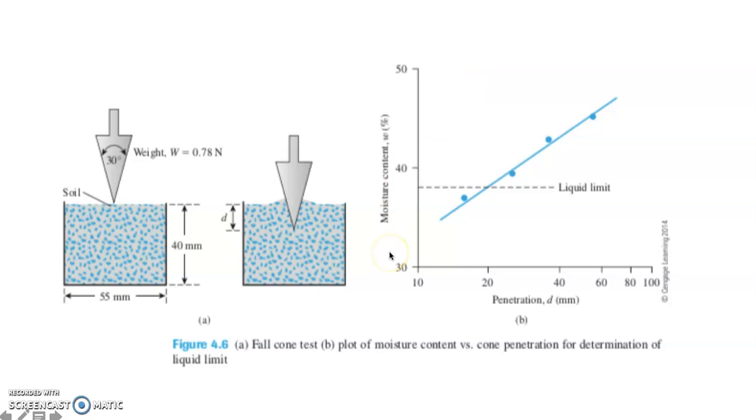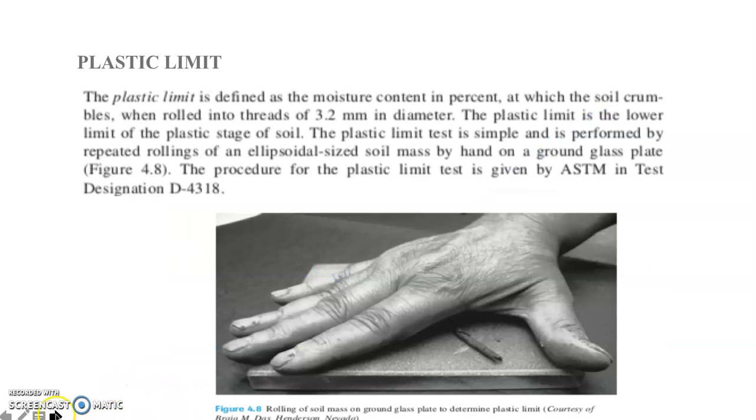For example, on the first trial, still you did not obtain 20, you go on with the second trial. Once you obtain 20 on the second trial, for example, you stop. There will be no third trial or fourth trial. So the corresponding moisture content for that depth of penetration, which is 20, is now the liquid limit. So that is for the Falcone method.